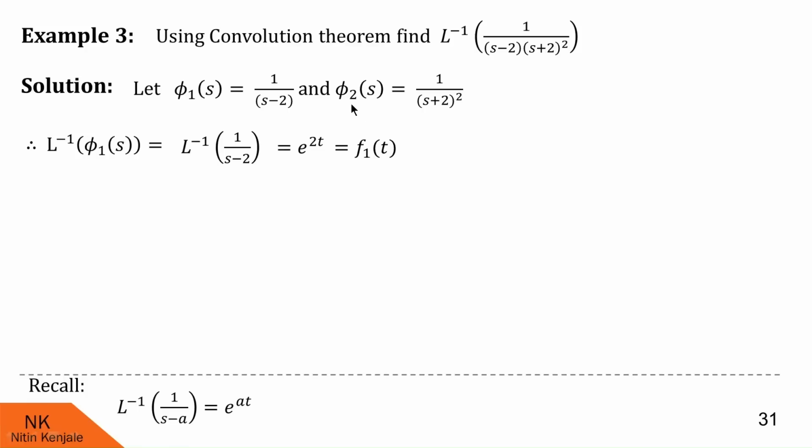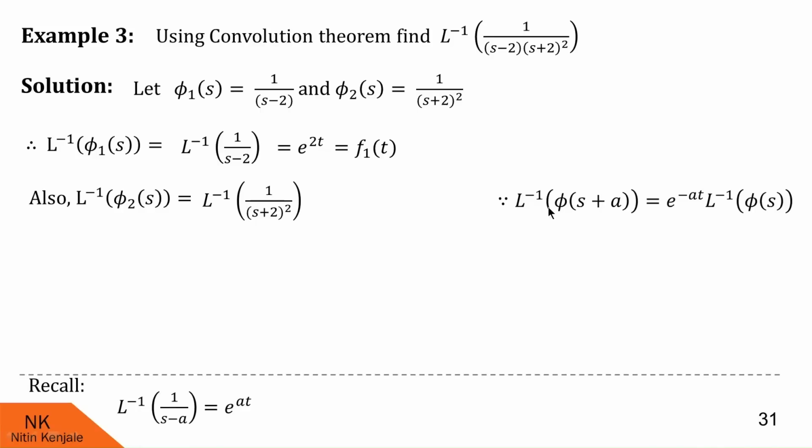Now let's go for L inverse of phi 2(s). L inverse of phi 2(s) means L inverse of 1 upon (s plus 2) the whole square. To find its L inverse, we will use the first shifting theorem, according to which L inverse of phi of (s plus a) is e raised to minus at into L inverse of phi of s. Here a is 2.